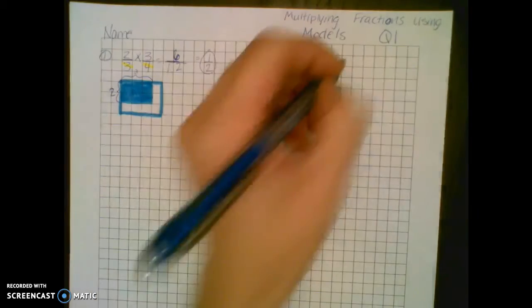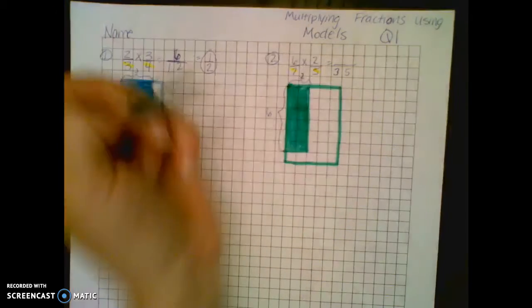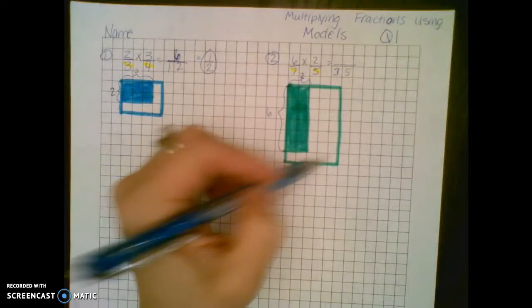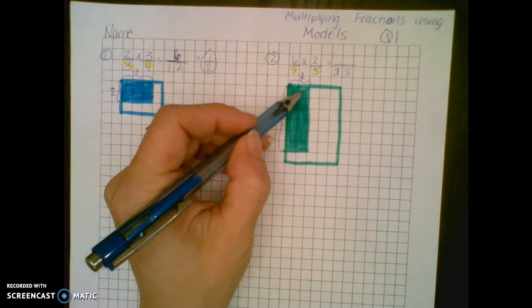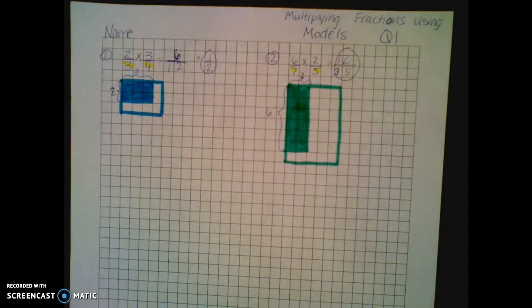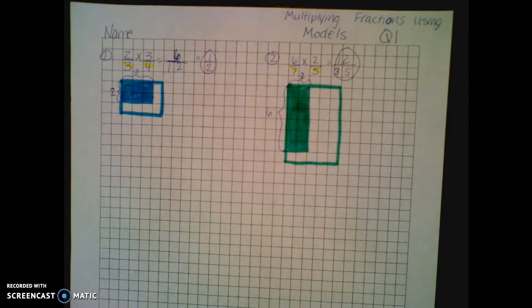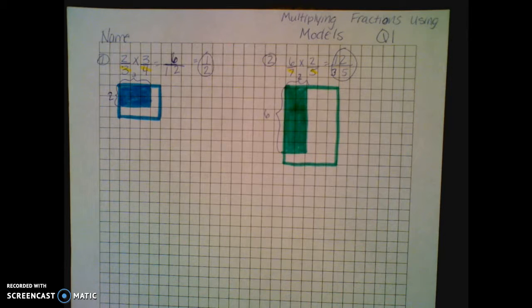It's a 7 by 5, so I can multiply and say that's 35 squares to make up the whole model. And 2, 4, 6, 8, 10, 12 of them are shaded in. So 12/35 is my product of 6/7 times 2/5. As we go through this lesson, you may be making some observations. Make sure to jot those down in your composition book.